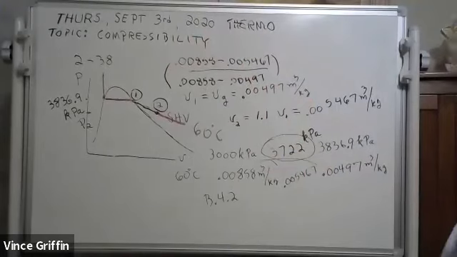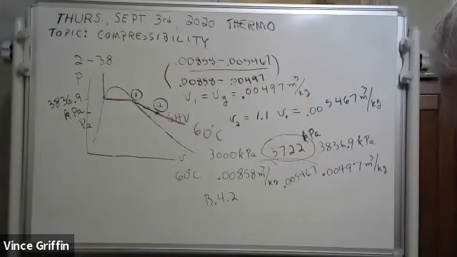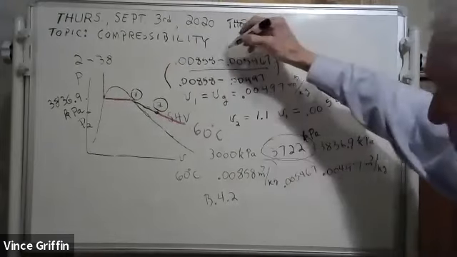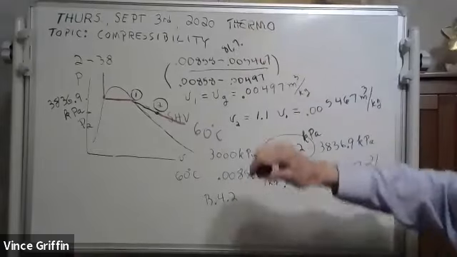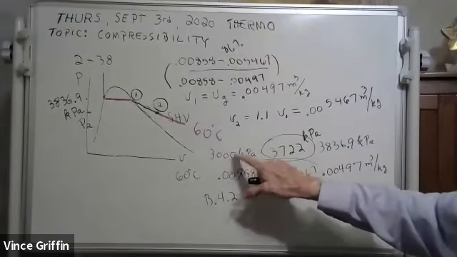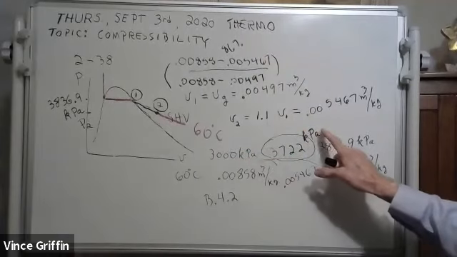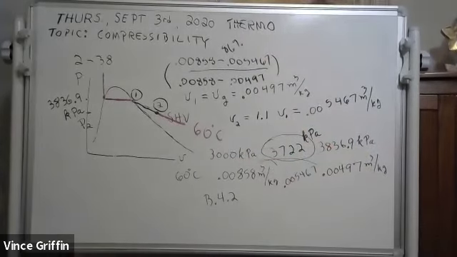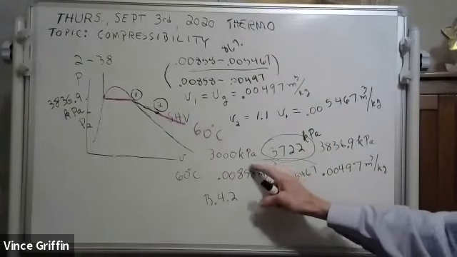What that is, it's a percentage. It turns out this is 86%. In other words, to get from here to here, I've got to go 86% of the way from here to here. Because this is 86% of the way from here to here.